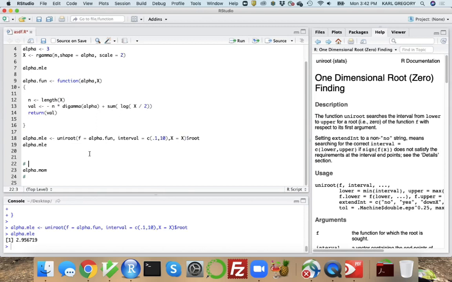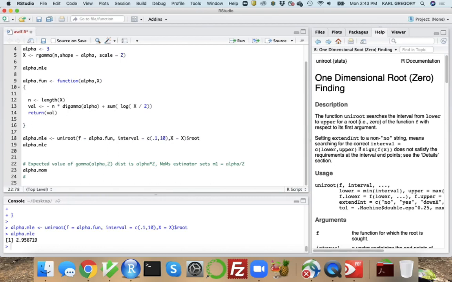So how can we get the method of moments estimator of alpha? The expected value of the gamma alpha, 2 distribution is alpha times beta, so it's alpha times 2. The method of moments estimator sets the population mean equal to the sample mean.